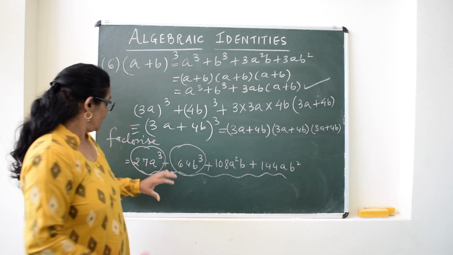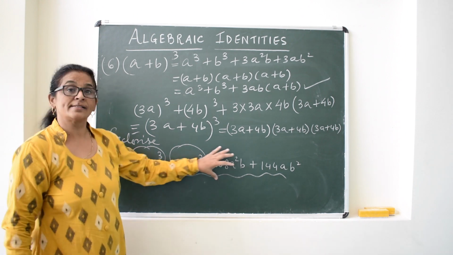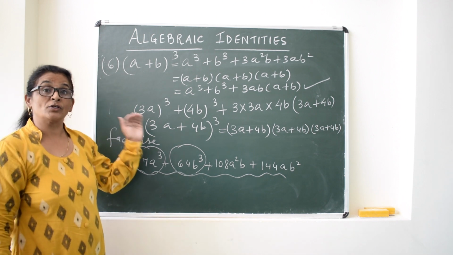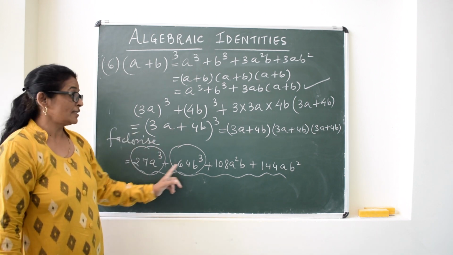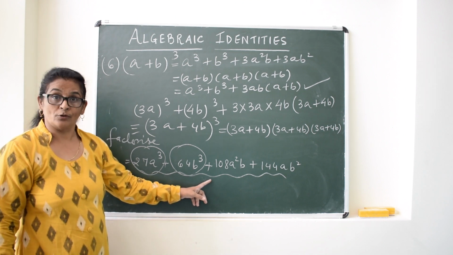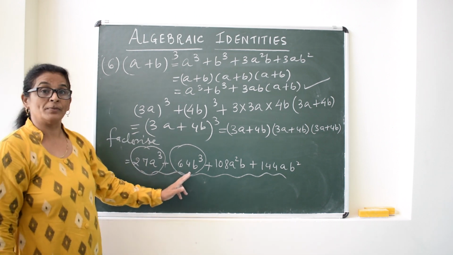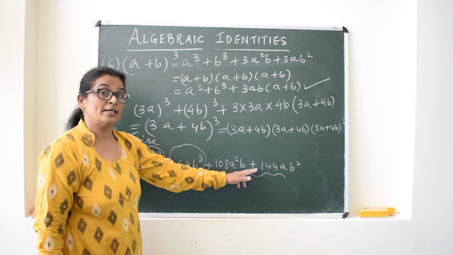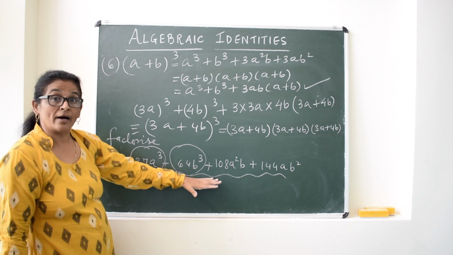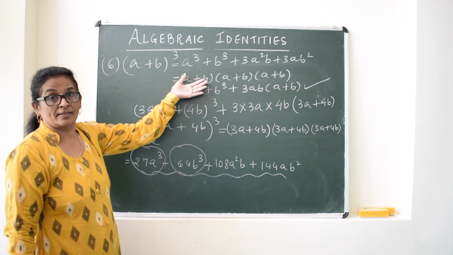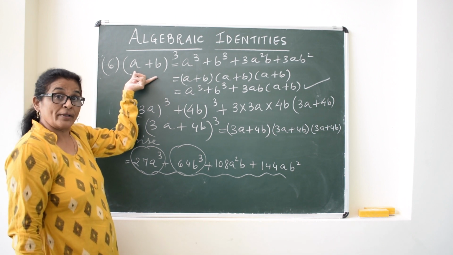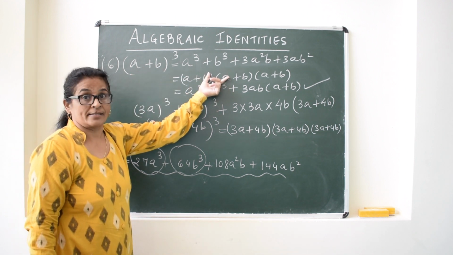So what we have seen, if this expression is given and the question is asked to factorize, you have to compare it with the expansion of the identity, and this is based on the expansion of (a + b) the whole cube. Why? Because a cube plus b cube plus 3a square b plus 3ab square is the expansion of (a + b) the whole cube. It means from RHS we are going to the left hand side. In the previous question I told you we expand the left hand side and we have written the right hand side.